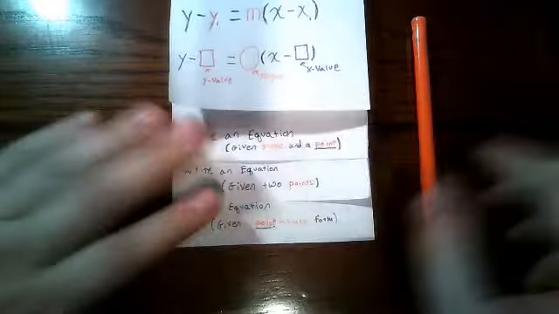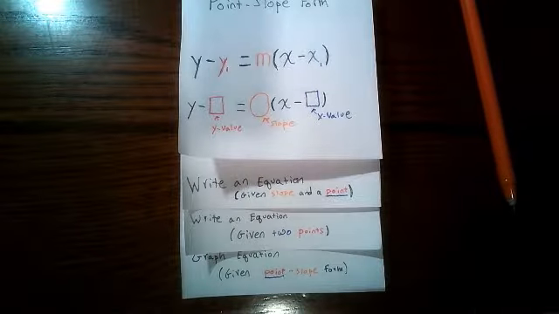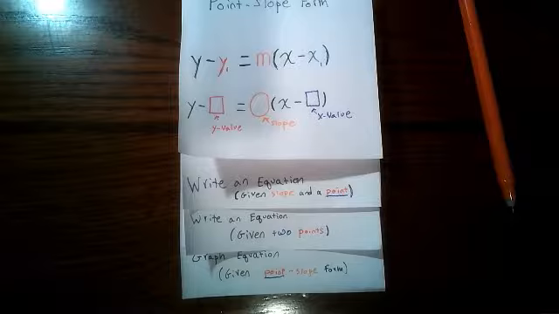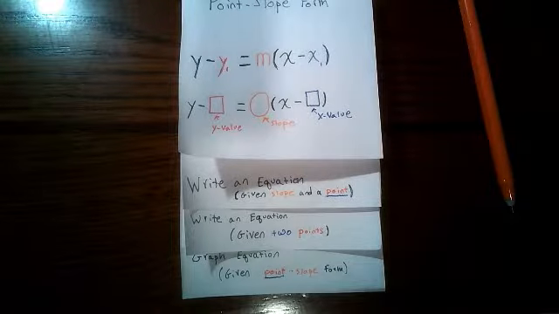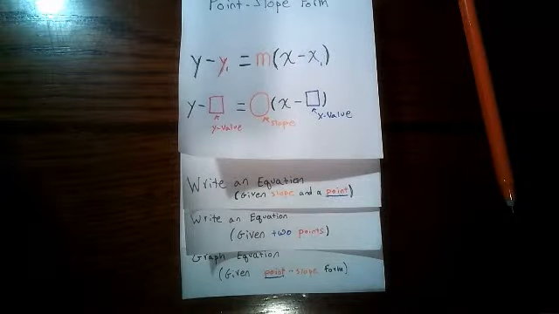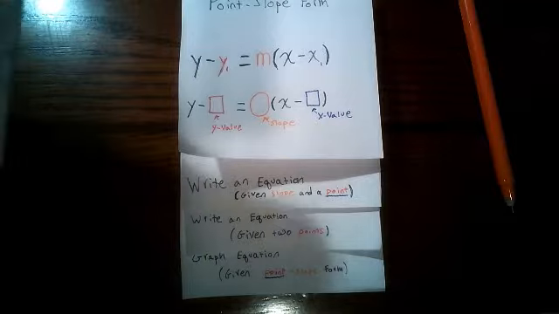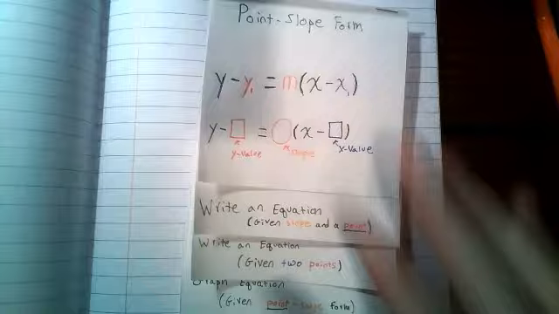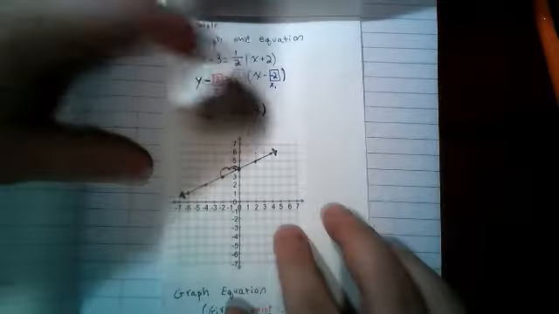Now that you've finished this whole foldable on point-slope form, you're going to take your book, turn to the point-slope form entry, and you can put glue on the back, okay, and then glue it down, or if you want, you can put tape along the back page here and tape it down.